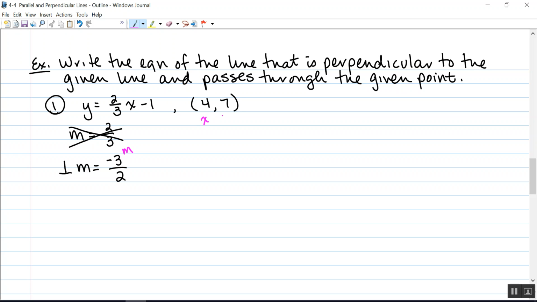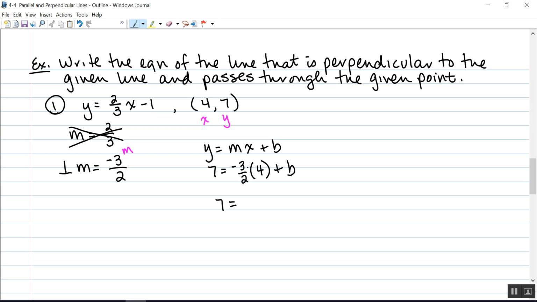And again, I'll use this as my x and this is my y. So if I have y equals mx plus b, the y of a point on the line is 7. My slope is -3/2. A point on the line is 4, and I don't know my b.